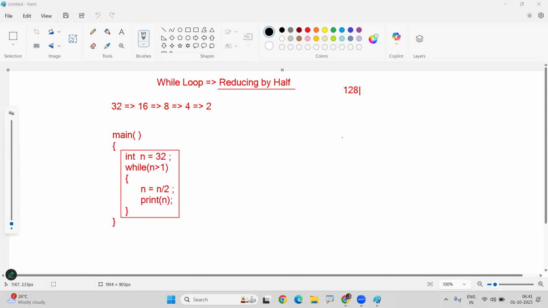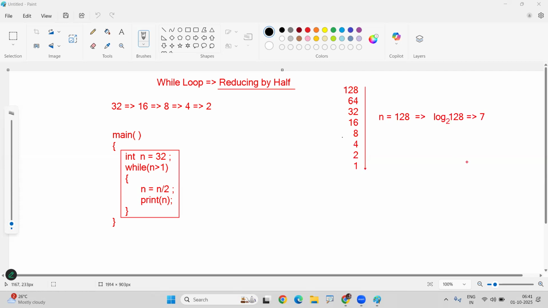Like 128: it becomes 64, 32, 16, 8, 4, 2, and then 1. So you get 1 with 7 iterations when n equals 128. log n means log 128 equals 7, of course base 2.